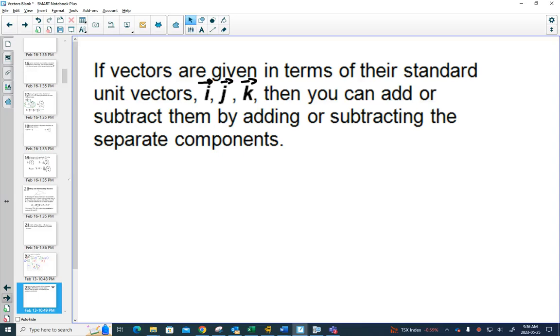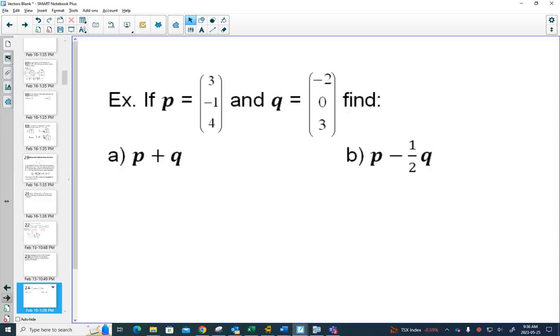And just like a column matrix, if you were given vectors in I, J, and K, I actually find I like to just switch them to column matrices. It makes all of your mathematics really easy. So we'll finish up here. If P and Q, we can add these together.